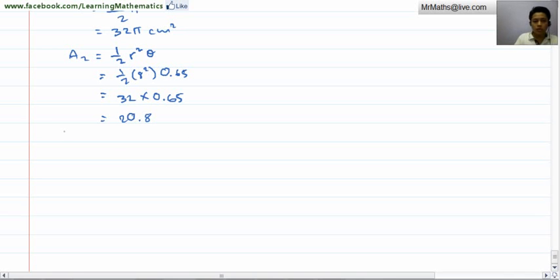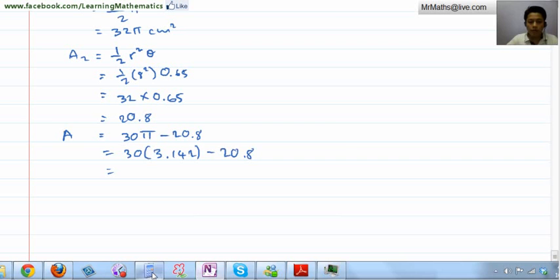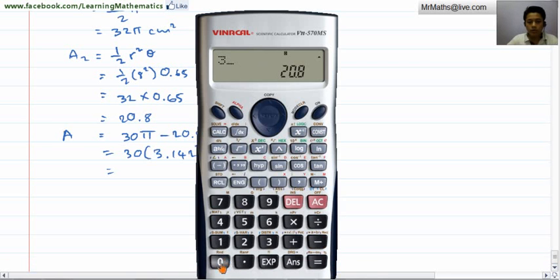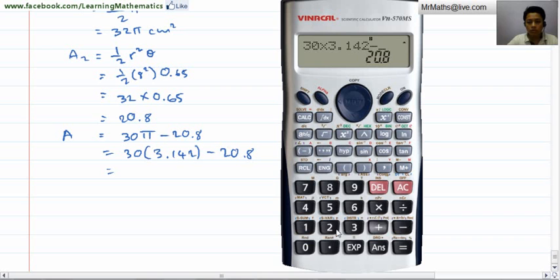Then A is 32 pi minus 20.8, which is 30 times 3.142 minus 20.8. Let's work it out. 30 times 3.142 and then minus 20.8.